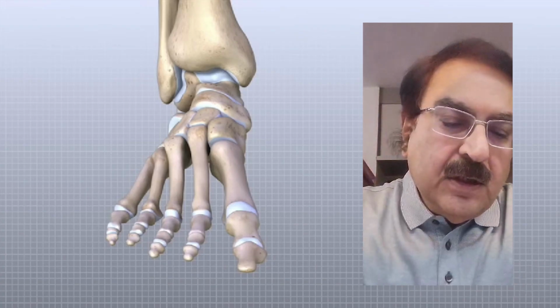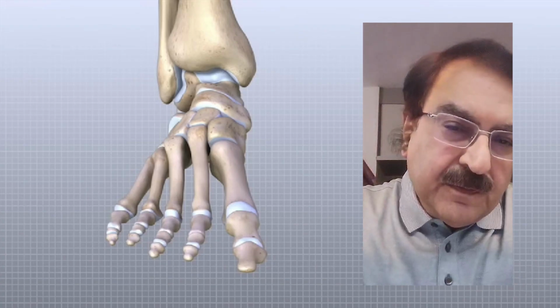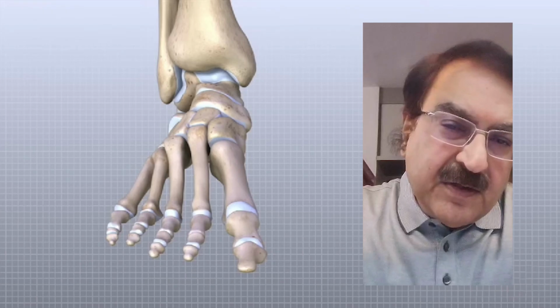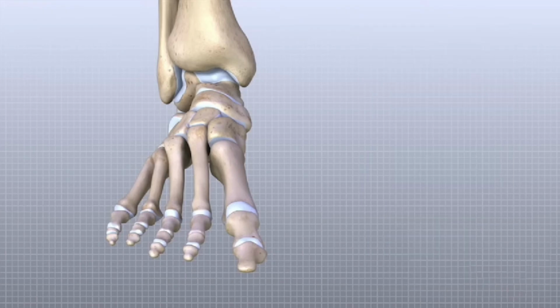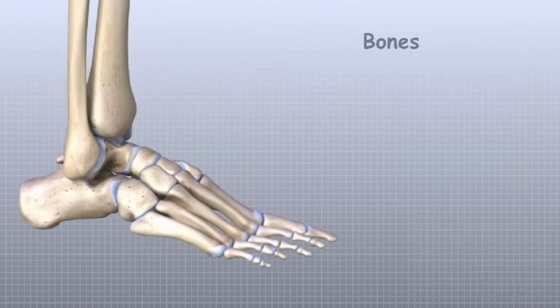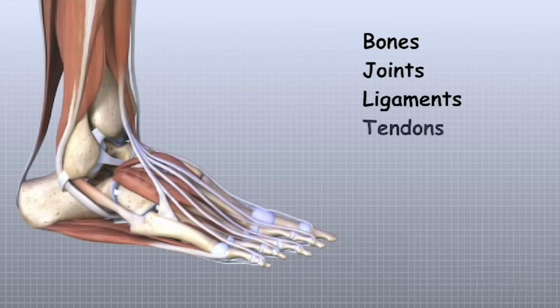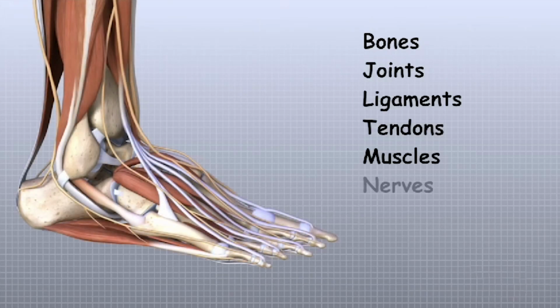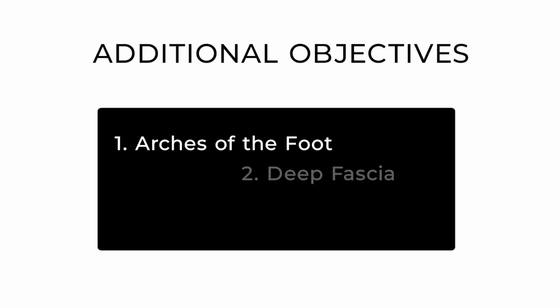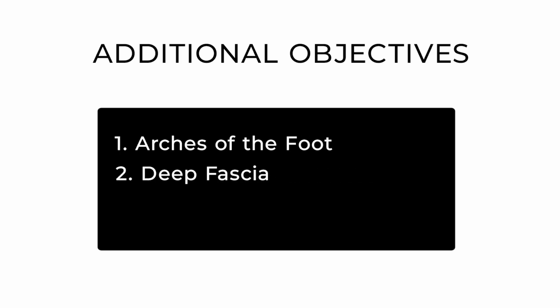The most important structures of the foot can be divided into several categories: the bones and joints, the ligaments and tendons, the muscles, the blood vessels, and the nerves. In addition, we shall also study in detail the arches of the foot, the deep fascia of the foot, and the fascial spaces of the foot.